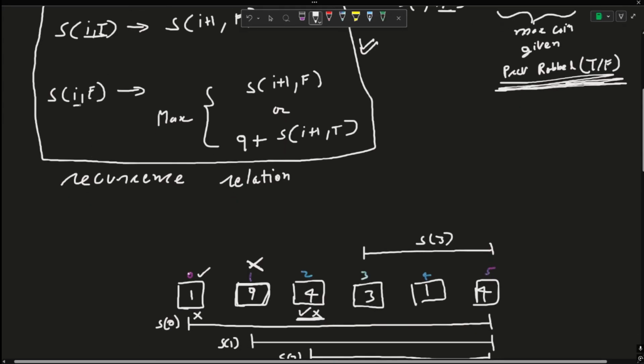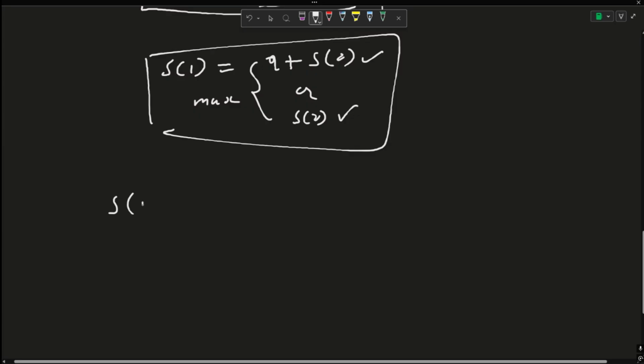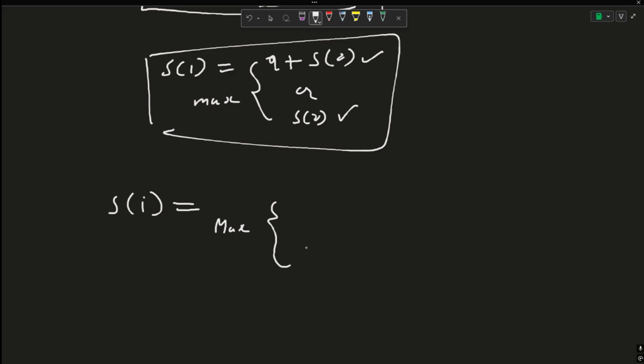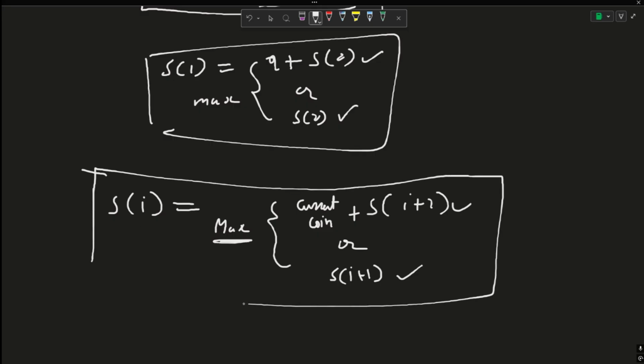We can combine them and write a single recurrence relation like this: S of I would be max of current house coins, current coin, plus S of I plus 2, or S of I plus 1. Both are valid, that's why we can do max. So this would be our final recurrence relation. That's what we wanted to know.